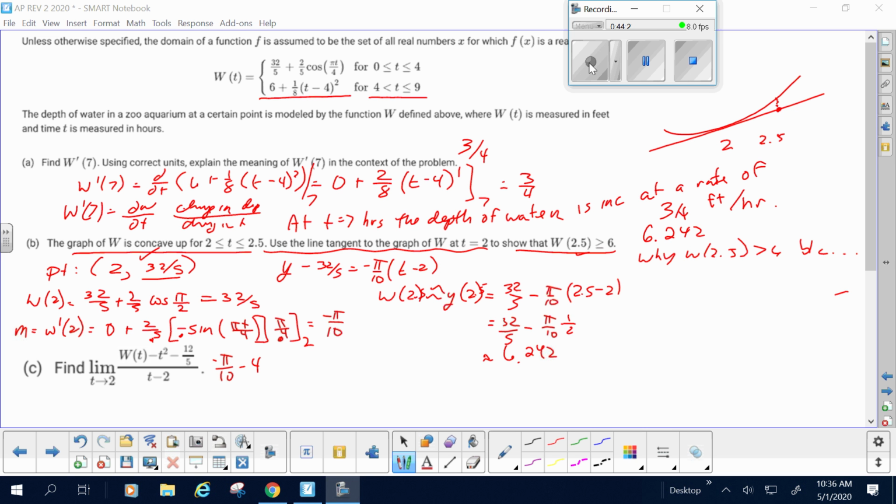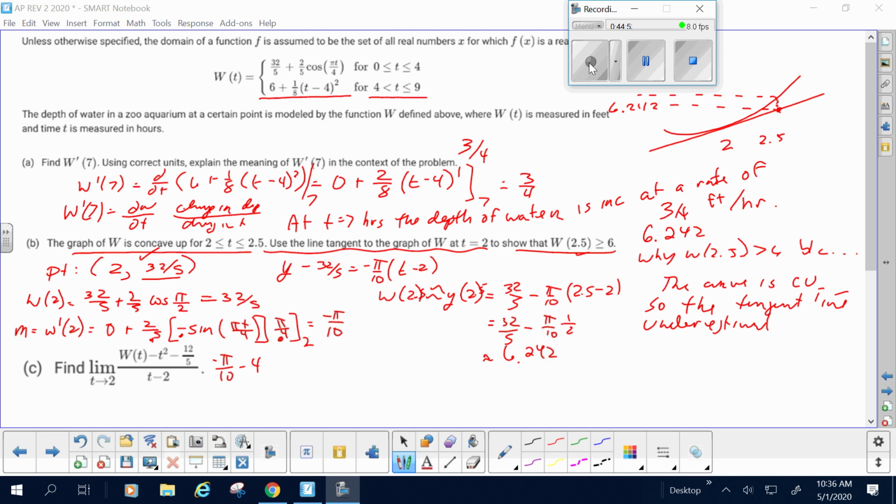Well, my tangent line is 6.242, so the curve has to be even greater than 6.242, and therefore, obviously greater than 6. So now let's talk about how to say it. I will say something like this. The curve is concave up, so the tangent line underestimates.